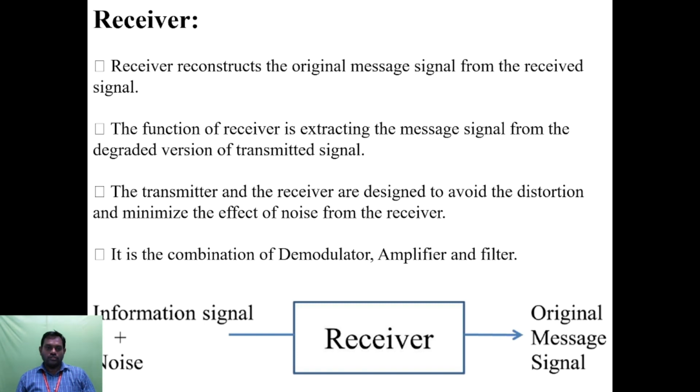The transmitter and the receiver are designed to avoid distortion and minimize the effect of noise at the receiver. The receiver is a combination of a demodulator, amplifier and filter. This diagram represents the receiver. The input of the receiver is the information signal along with the noise signal, and the output of the receiver is the original message signal.